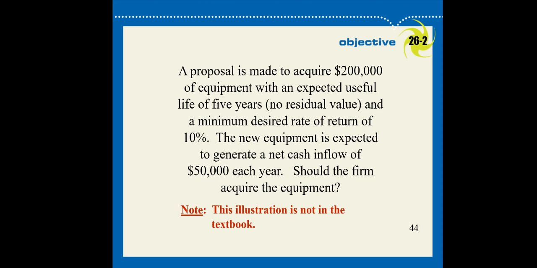So see here. This is a new sample question, not like the previous slide. In this sample question, you can see that the net cash inflow is 50,000 every year. Same net cash inflow every year.